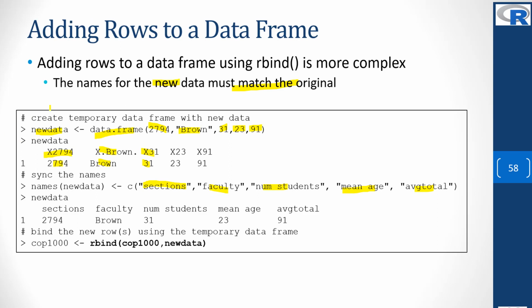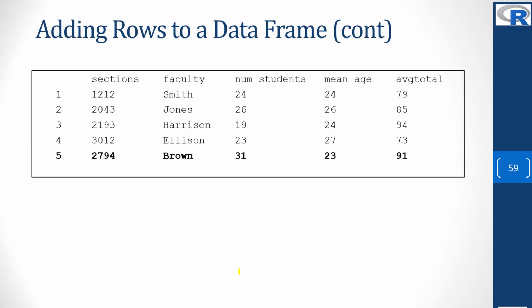And so now we've given the temporary data frame the same column names as the original data frame, and we're going to add this row to the original data frame using rbind. From that point, it's simple. It's just calling the rbind function, passing the data frame, and passing the new row, and it appends it to the end of the data frame as shown here. So now we have 5 observations of 5 variables.